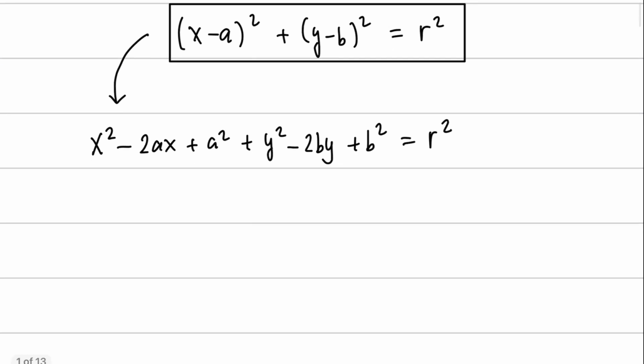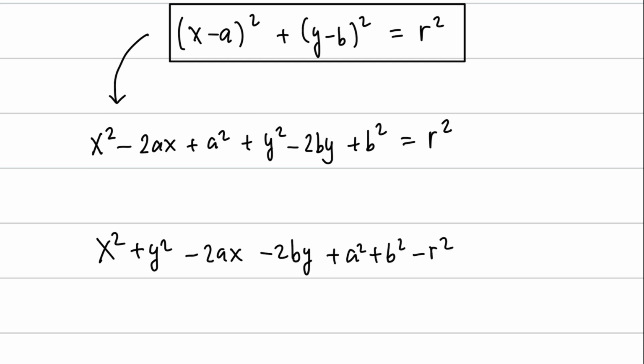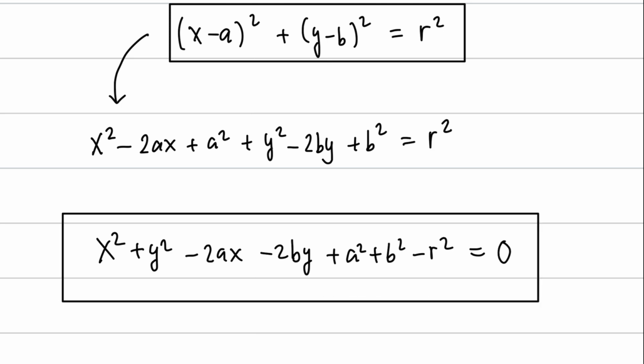Then we rearrange a little bit, and it becomes x squared plus y squared minus 2ax minus 2by plus a squared plus b squared minus r squared equals 0. This form we call the general form of our circle equation.